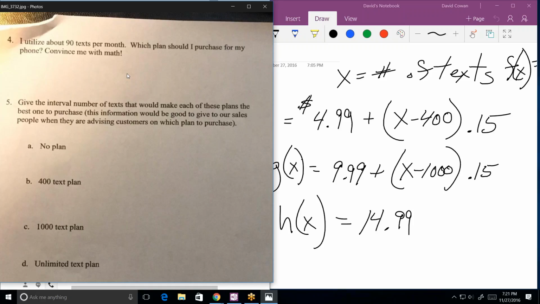With the 400 text plan, wouldn't the answer come out as negative? No, you bring up a good point. Maybe that function needs to be, wow, okay, you're right. Well, that function we came up with wasn't quite right. Let me think for a second how we avoid a negative number there.